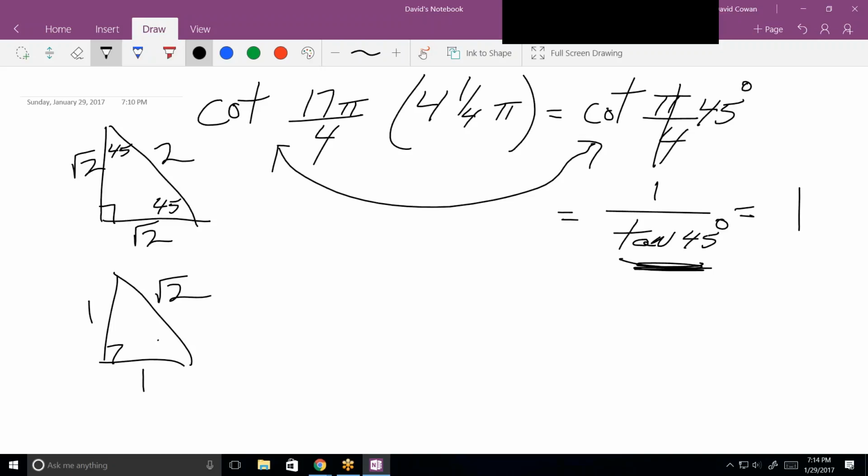It's just this top triangle is the bottom triangle multiplied by root 2 every side. But on the bottom triangle, it comes out to be 1 a little bit easier, wouldn't you say? And it doesn't matter whether you do 1 over tangent of 45 or just cotangent of 45. Pretty easy to come up with a 1. But the secret is subtracting enough multiples of 2 pi so that we end up with an angle that's inside the unit circle.